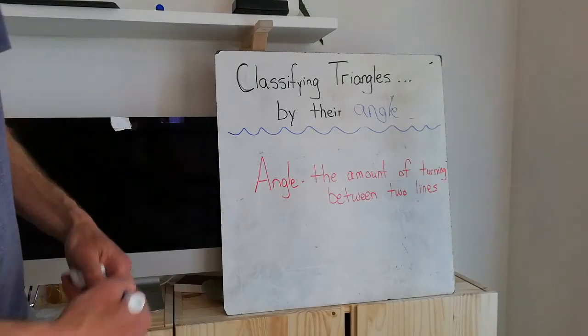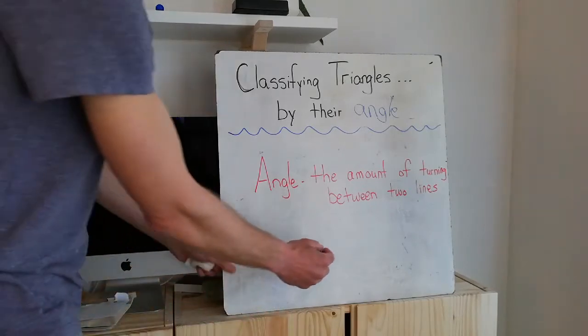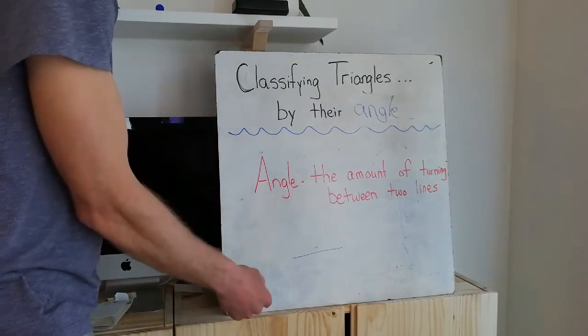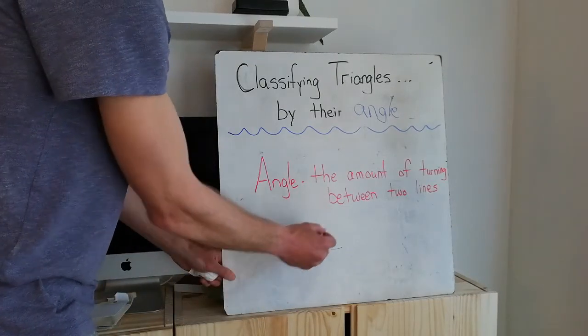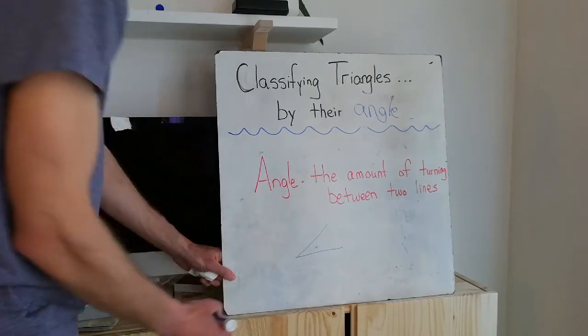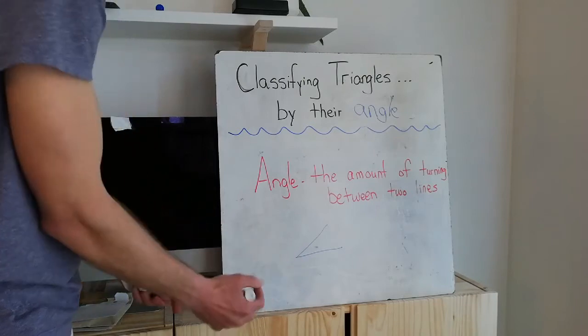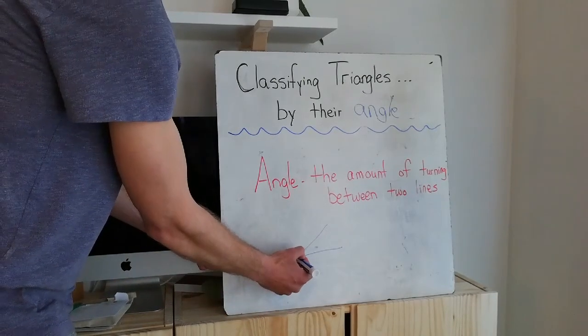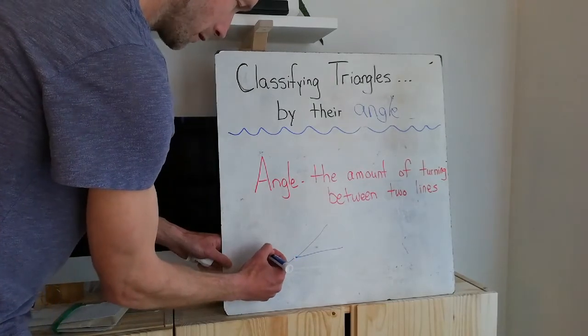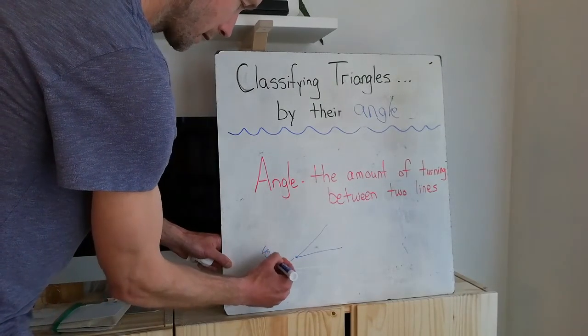If that doesn't make sense, if you draw a line, and then you draw another line that meets up with that line at one of the ends, like this, the point where the two lines meet has a name: it's called the vertex. That's not too important to know, but it's called a vertex.